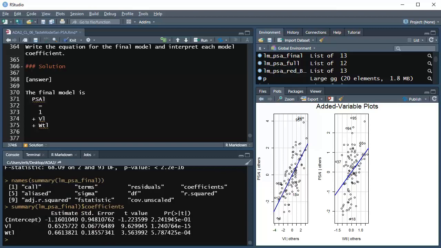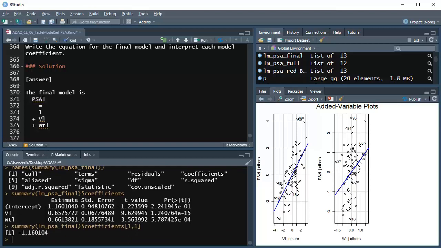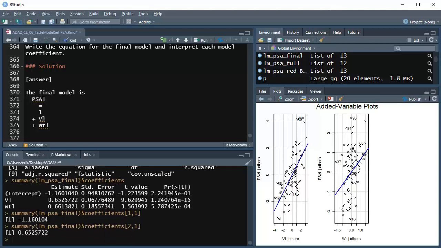Awesome. This is a table, so you can index the values in this table by rows and columns with square brackets. So if I go to the first row and first column, I should get that first value. If I look at the second row and first column, I get that second value. So now I can pull out any value here.